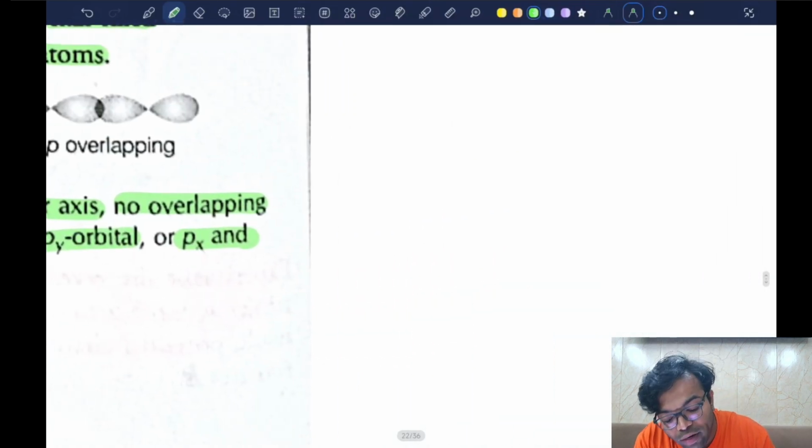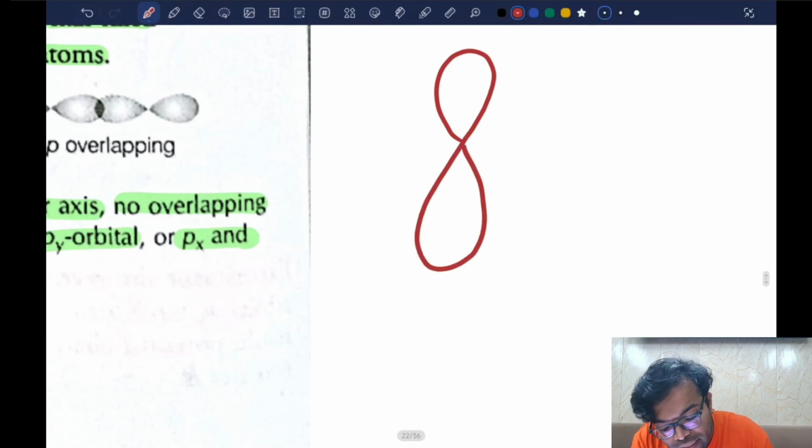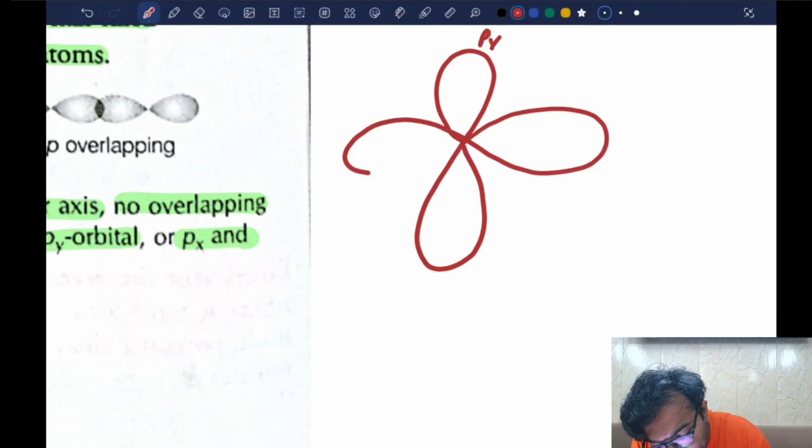So basically what has happened, this is how the orbital actually looks. I'm just going to draw this like this. See, you have, wait, this is, let's call it py. This is the px and I'm going to draw the pz like this.